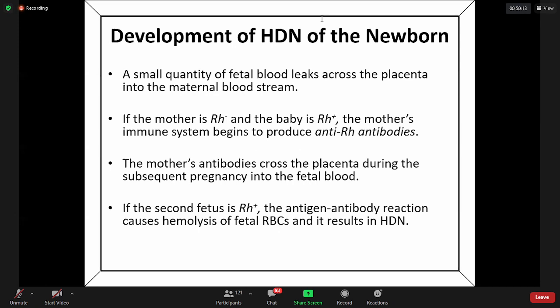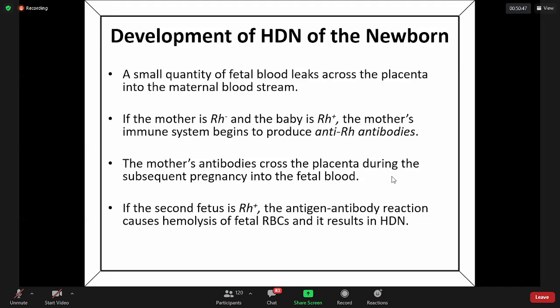There's what we call hemolytic disease of the newborn, which is very important for you to understand. A small quantity of fetal blood leaks across the placenta into the maternal blood system. If the mother is rhesus negative and the baby is rhesus positive, the mother's immune system begins to produce anti-rhesus antibodies. So this rhesus positive blood leaks into the mother's blood, and the mother forms antibodies to rhesus.